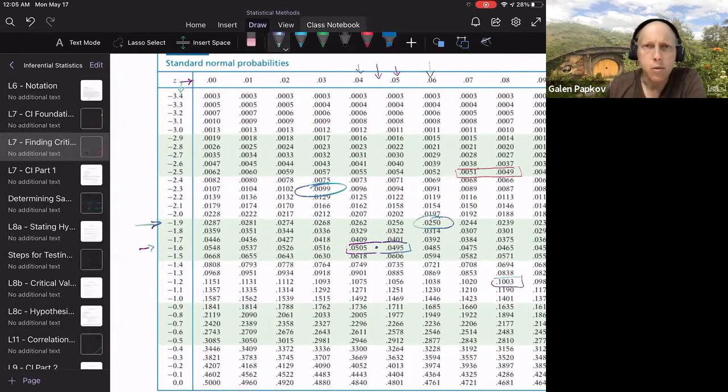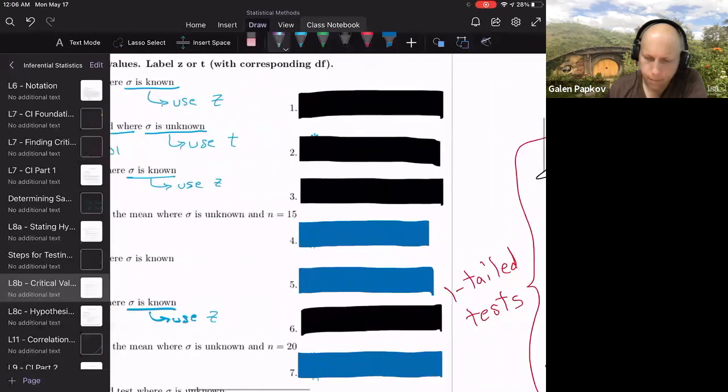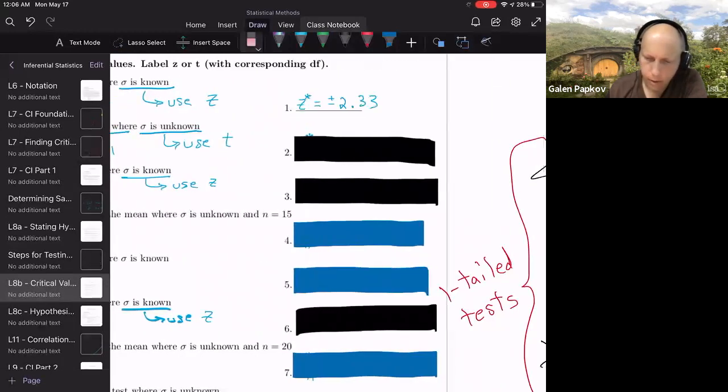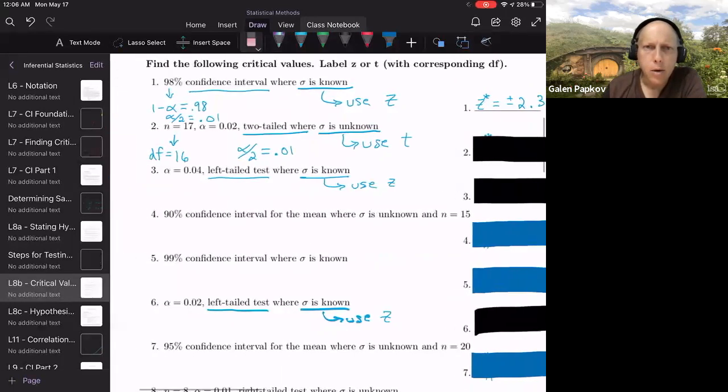But because this is two-tailed or a confidence interval, that's going to be plus or minus 2.33, which is what I got. What about for the next one?